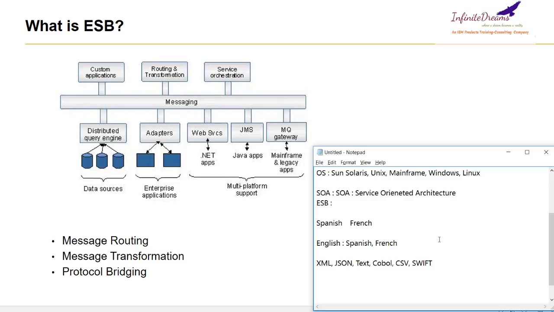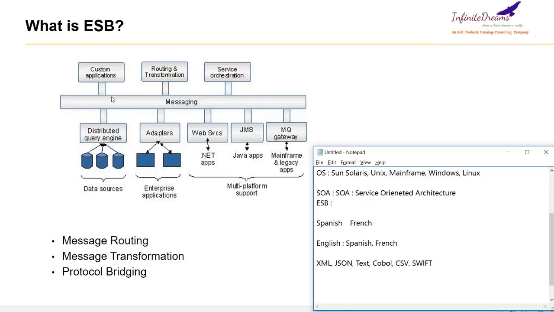Now one system uses XML, another system is using JSON, and they want to talk to each other. In the same way, the ESB will say, I know XML, I know JSON. You send your message in XML only.